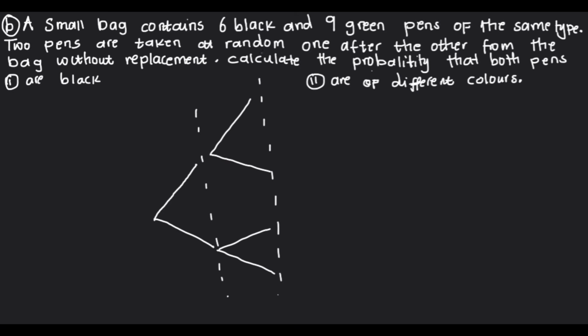So in our case, we have 2 outcomes, black and green. So here we'll put black, then here we'll put green. The same pattern, even here, the same pattern like this. Then from there we can indicate here we'll have our first pick, then here we'll have our second pick.